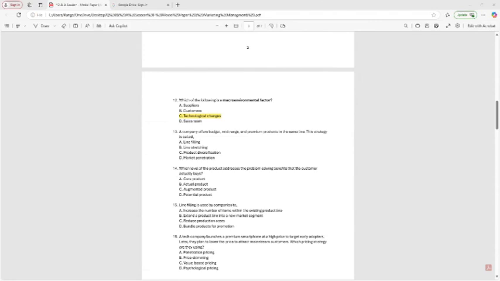So that may be the answer, line filling. But let's go to line stretching also. What it says: extending the line upward, downward, or both.